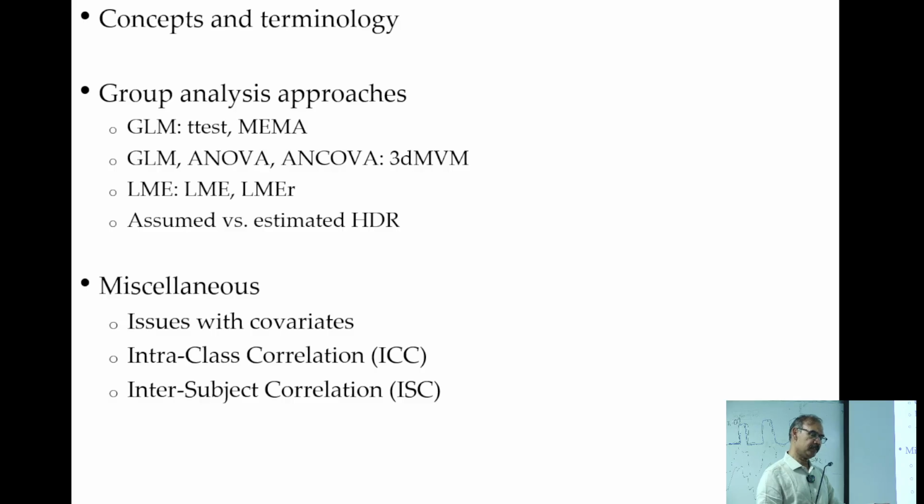For the intersubject correlation coefficient, this is mostly used for movie watching, right? So in movie watching, if everyone watches the same movie, while there will be differences between our responses, they will be very similar, right?